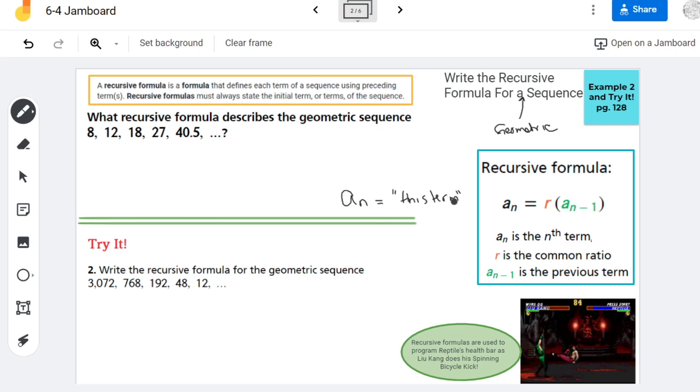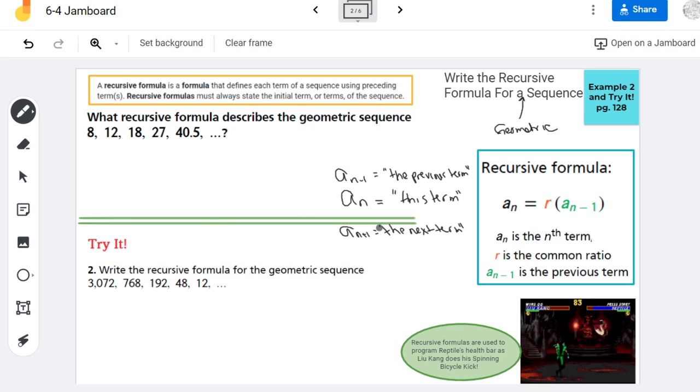If ever I want to talk about the term that happens before this term, I talk about a sub n minus 1. I use that to say the previous term. And if I want to talk about the next term, then I would use a sub n plus 1.